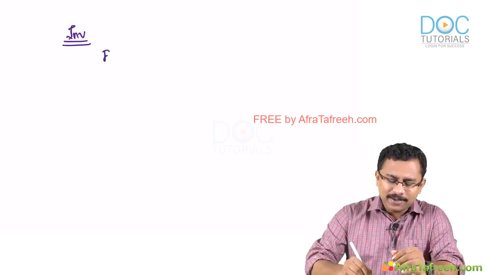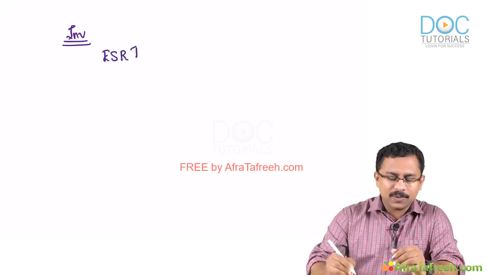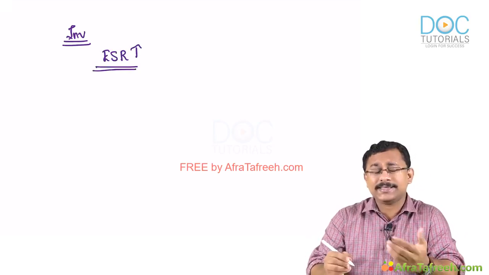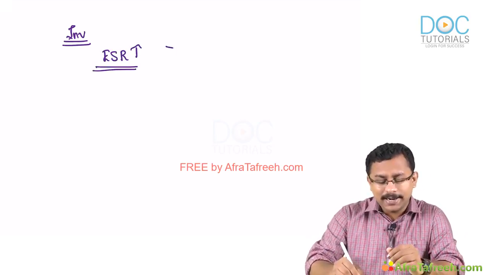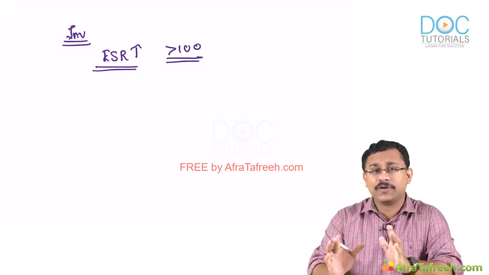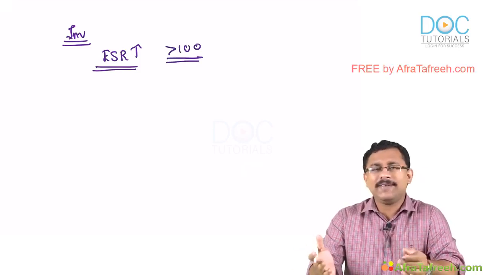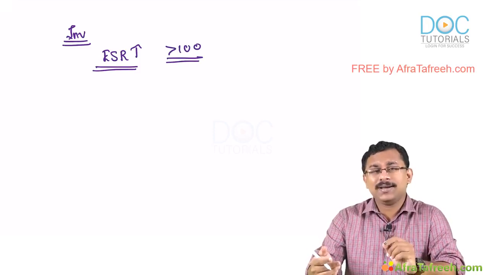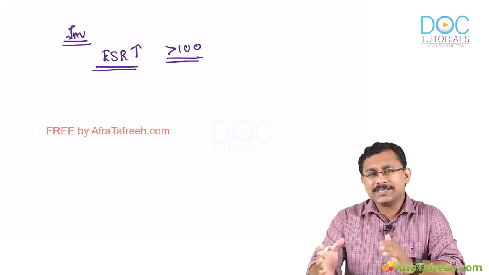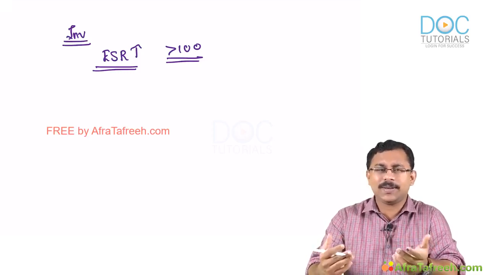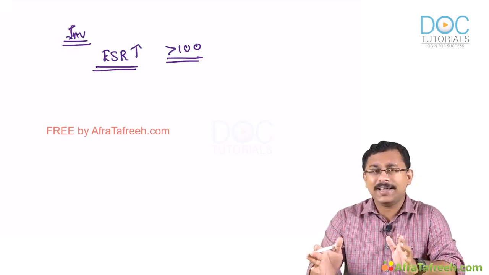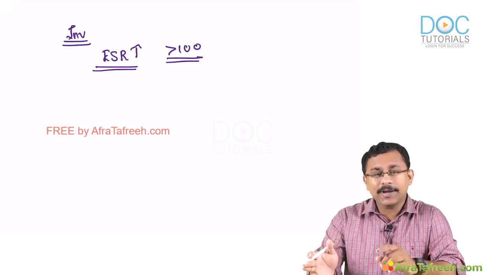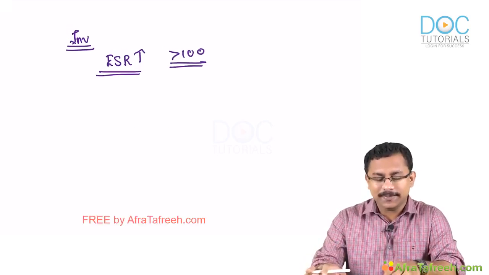You can have elevated ESR, sometimes more than 100, but most often above 50 for sure. This is very important in the workup of a patient with giant cell arteritis, because if the patient is presenting with an acute symptom, more often than not you will have elevated ESR levels.